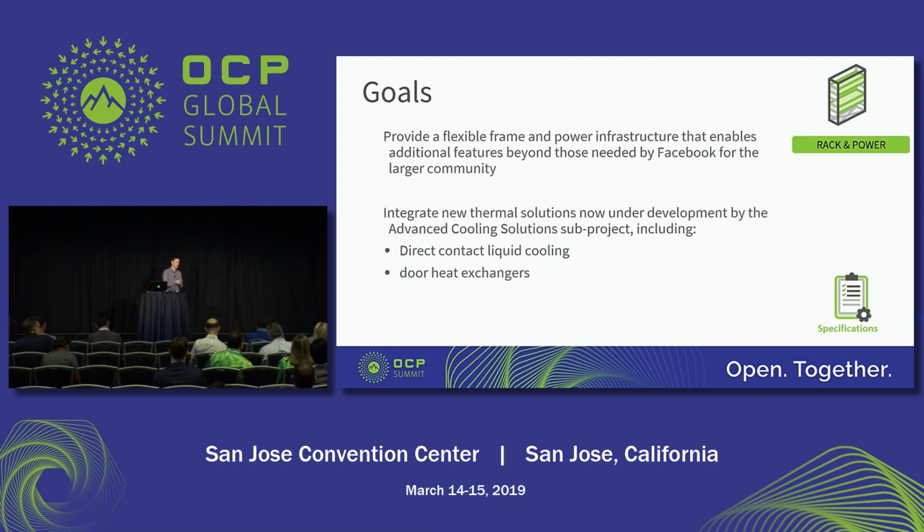Then the things that we're developing, say around bus bars and interconnect solutions, will be coming from the Open Rack project going into immersion, which is the third work stream related to the advanced cooling solution sub-projects. So by getting feedback early from the community and incorporating these features as well, we'll end up with a single platform that'll be much easier to share across the OCP community.